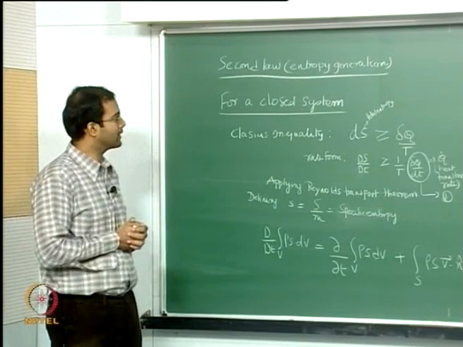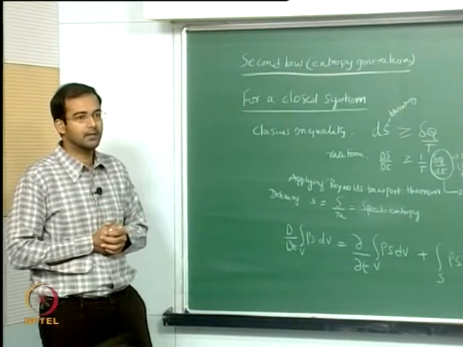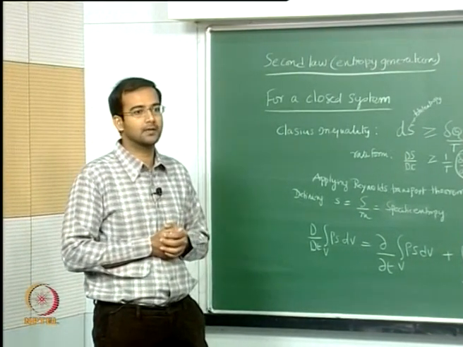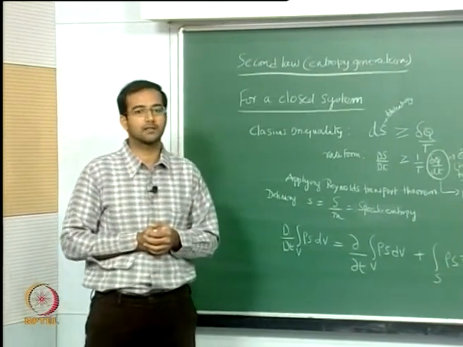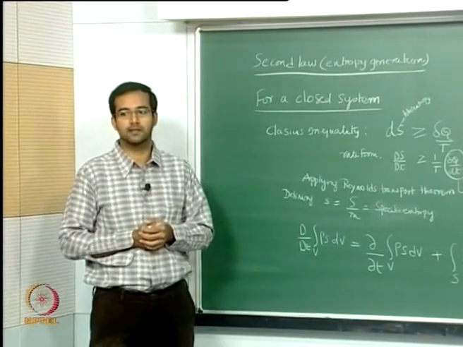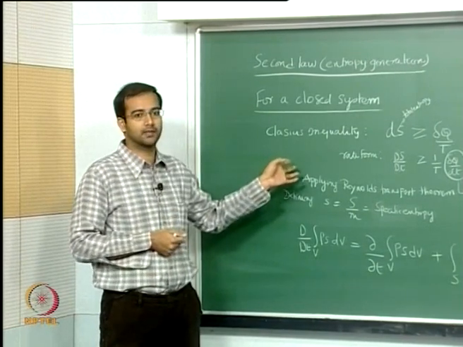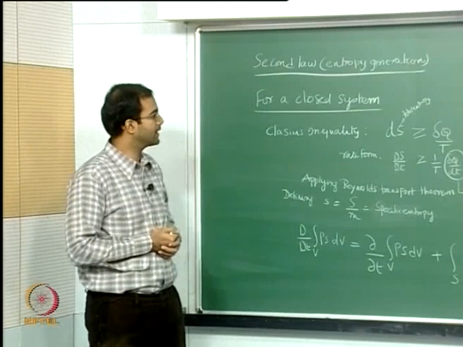That's where we are going to apply the second law, and we are going to derive what is called conservation of entropy. Just like you have conservation of mass, momentum and energy, there is also a possibility of deriving conservation of entropy, and that's what we are looking at here.